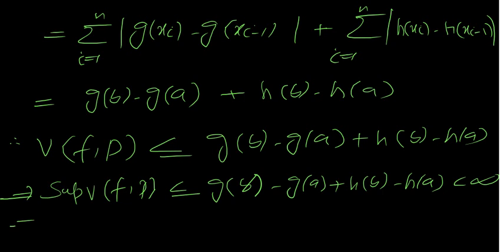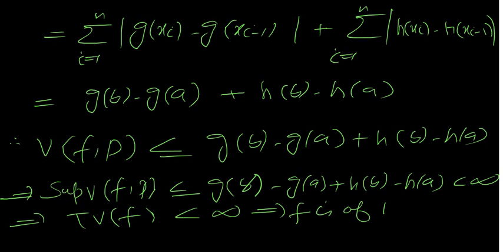So that means the total variation of f is finite, which implies f is of bounded variation. So this proves the theorem completely.